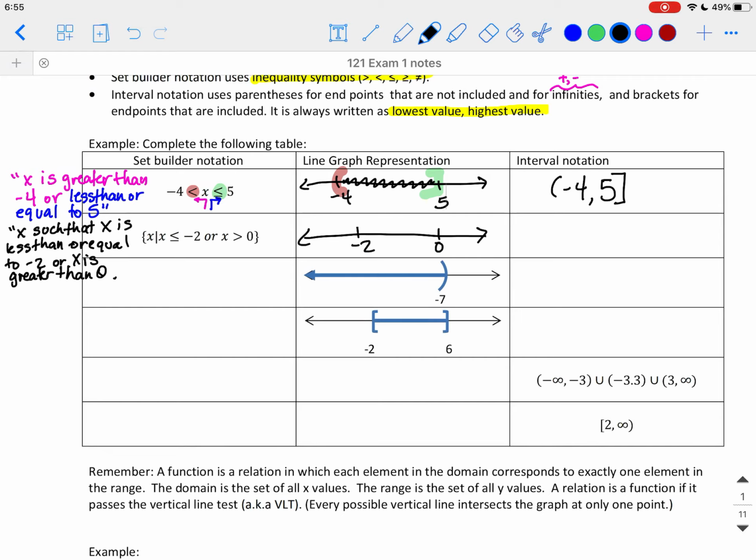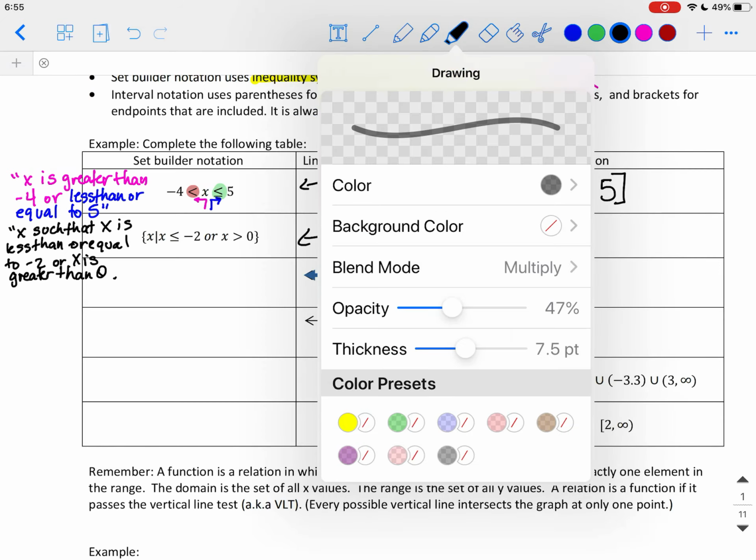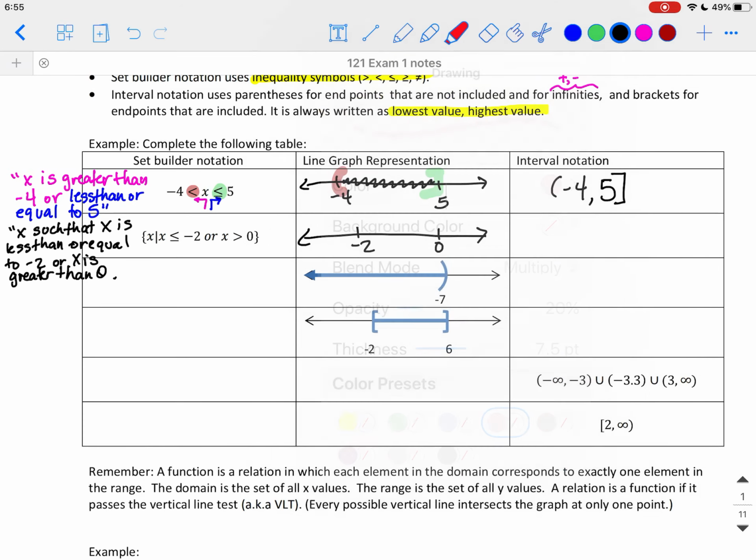So it's going to be less than or equal to -2. For this notation, less than or equal to, the bracket needs to be pointing in the direction of the fact that we want values less than -2. And again, because it's equal to, we're going to put that bracket. And all of this is also part of the answer.